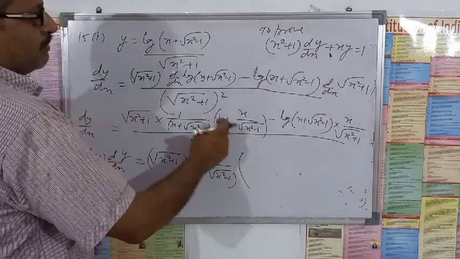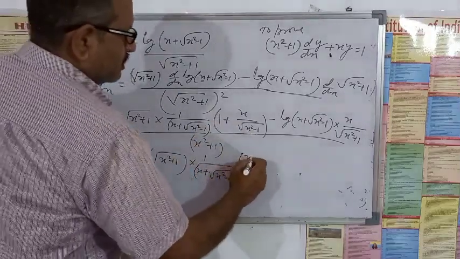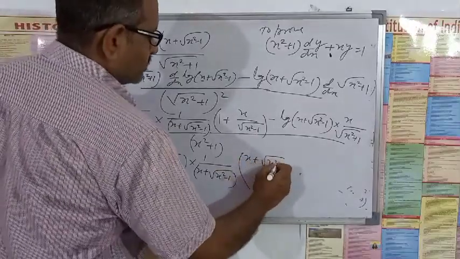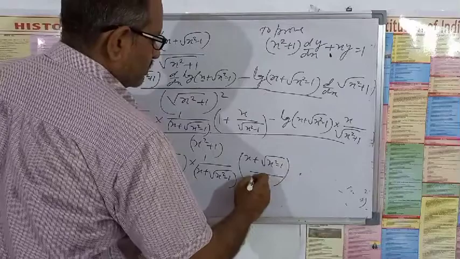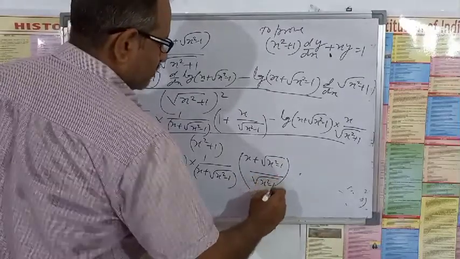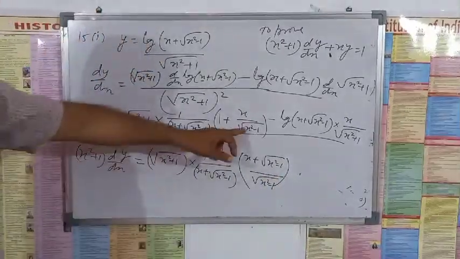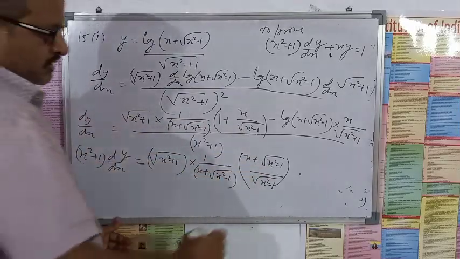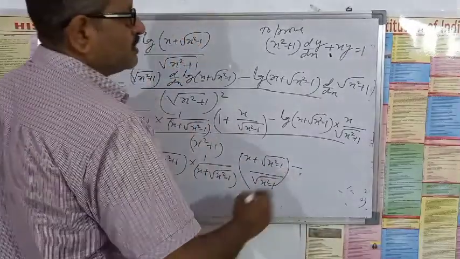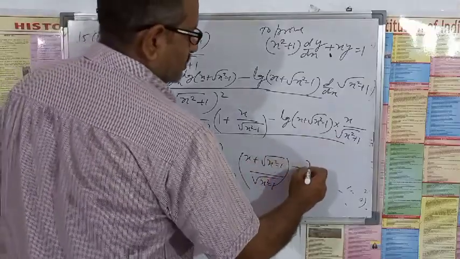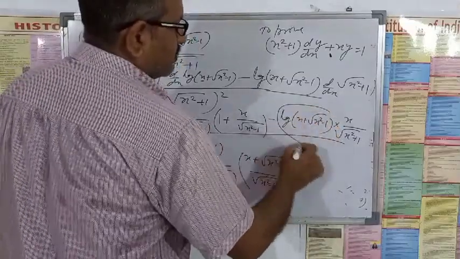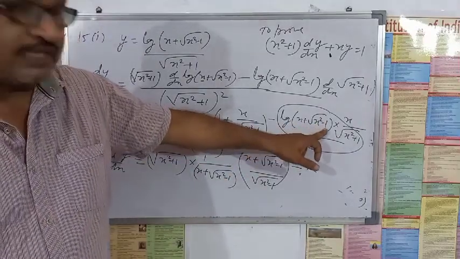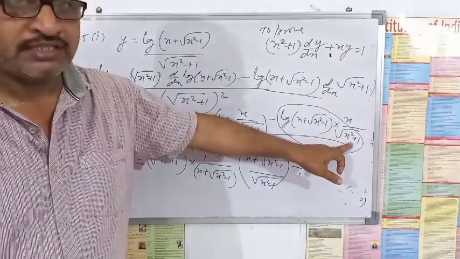Take LCM and simplify this bracket. So it will be x plus under root x square minus 1 upon root x square minus 1. Root x square minus 1 plus x minus, what is this one? Log x plus root x square minus 1 upon root x square plus 1.